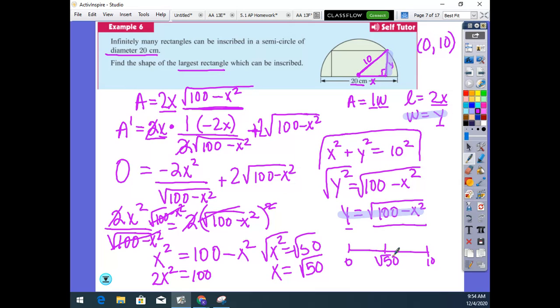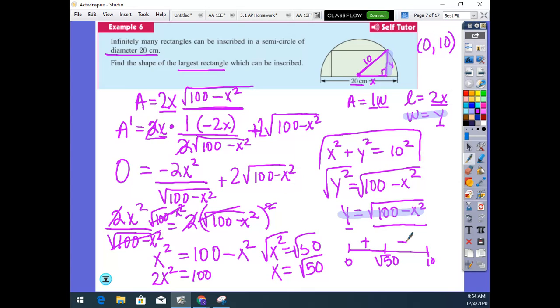Then we're just going to check positive and negative. So if I plug in, say 1, this is just kind of yucky, I'm just going to tell you right now. If I plug in 1, I end up with a positive. If I plug in 9, I end up with a negative.